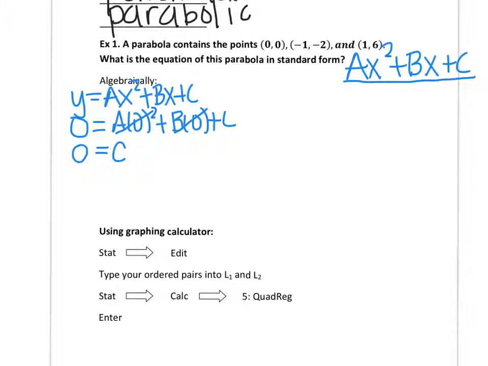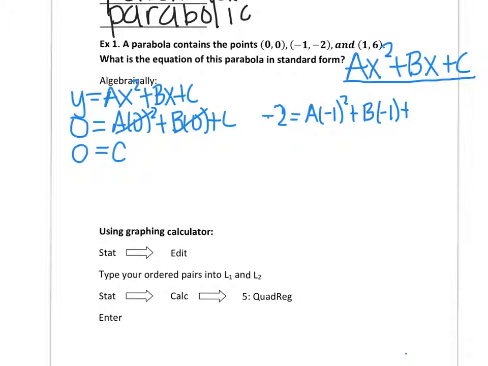Okay, so we're going to do the same now for the other 2 points. So I'm going to take -1 and -2 and sub it in for my x and y points. Now, what do I know C is?